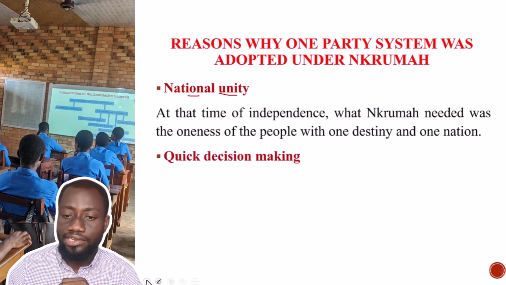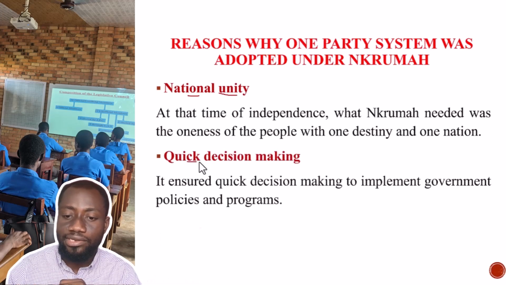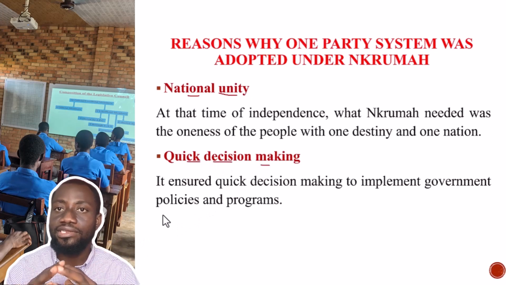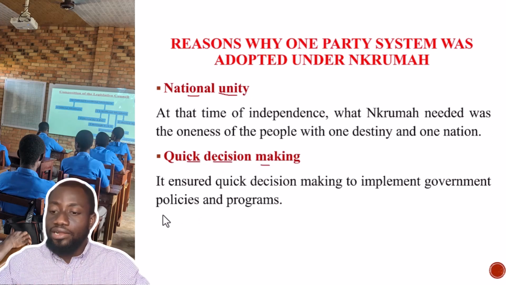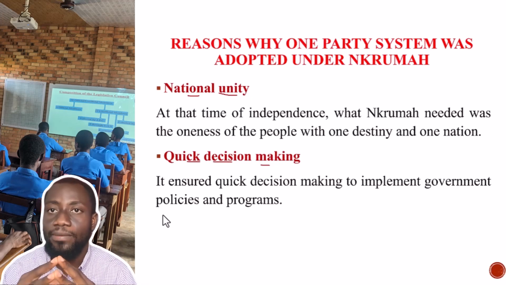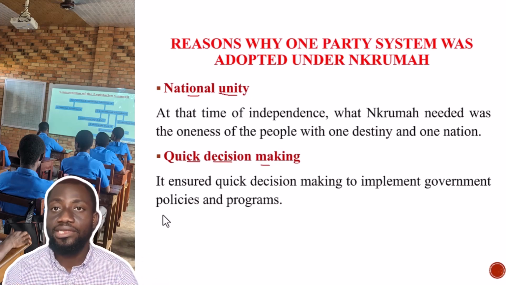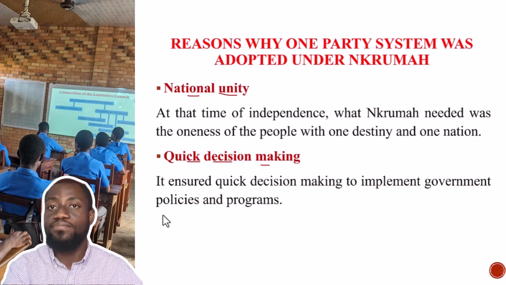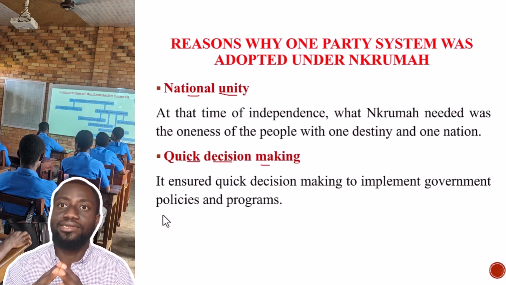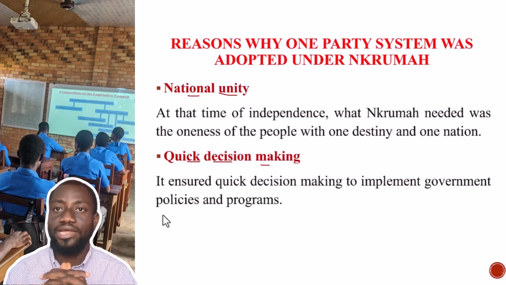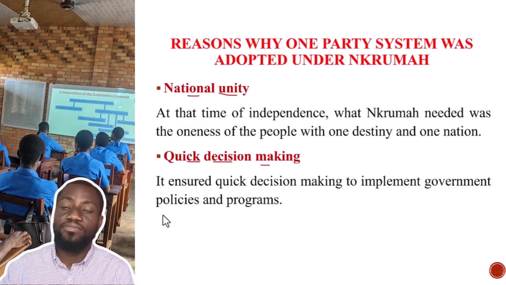Let's take a look at the next one. The next one was quick decision making. A one-party system aids in quick decision making. It ensures quick decision making to implement government policies and programs. There are a lot of things that today the New Patriotic Party, NPP, the governing party, wants to implement, but because they lack a sheer higher majority, they are not able to do so, which is retrogressing the development of the country.